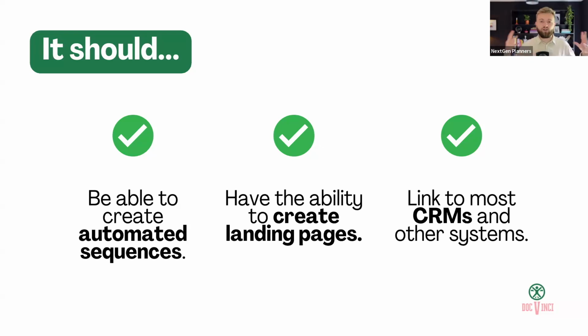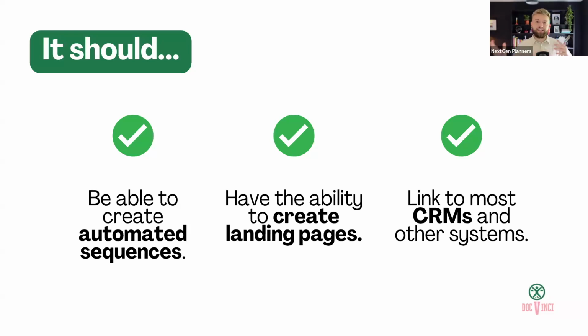MailChimp, ConvertKit, all the big ones, they do it for you. Secondly, you should have the ability to create landing pages. And what I mean by that is somewhere for people actually to sign up. A lot of them have them. Again, all the big ones have these things, but just make sure that they do have them. So it should be an area where they can put in their name, their last name, and their email address, and it should immediately add them to something.